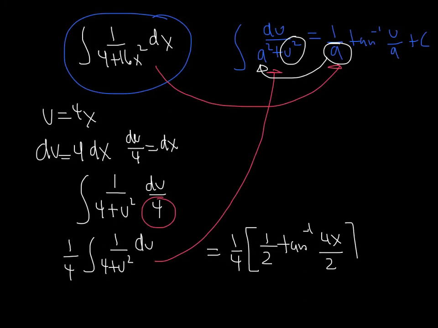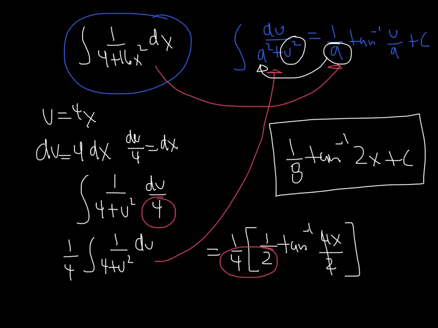And so then now when we cancel these out, that's going to be 2x. And so we can actually multiply the 1/4 and the 2 in there. So our final answer is going to be 1/8 inverse tangent of 2x plus a constant. And that is the answer to that one.